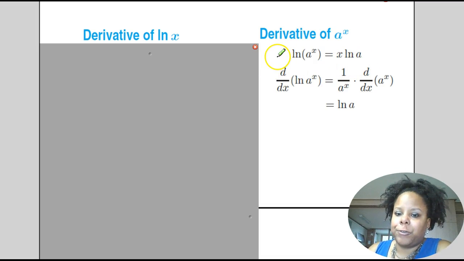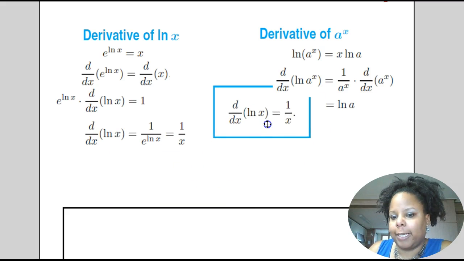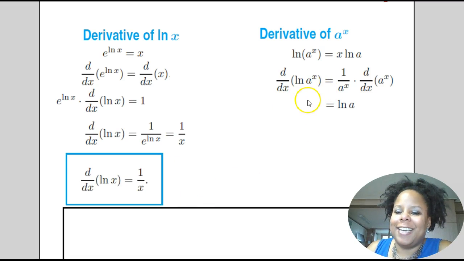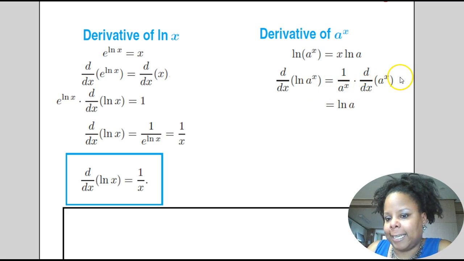Then I take the derivative of both sides, and for this side we're going to use the rule we just found, the result that the derivative of natural log of x is equal to 1 over x. Since we're taking the derivative of a to the x, that's equal to 1 over a to the x times, using the chain rule, the derivative of whatever a to the x is.